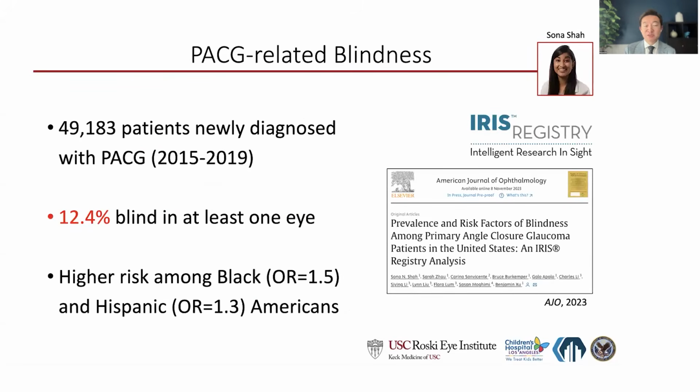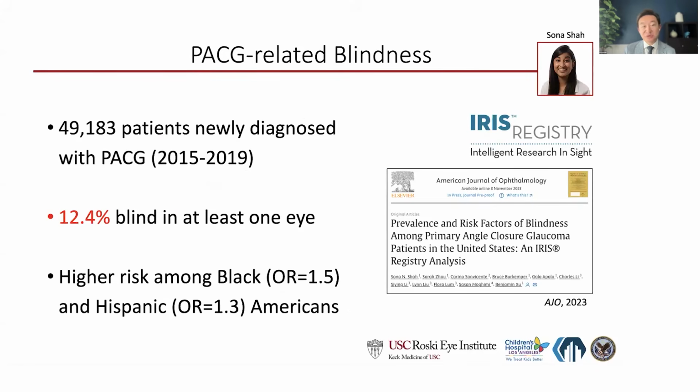Until recently, not much was known about the burden of PACG here in the United States. My lab conducted a study using data from the IRIS registry, which is an electronic healthcare records database that is administered by the American Academy of Ophthalmology. This database contains data on over 70 million Americans who are receiving eye care.